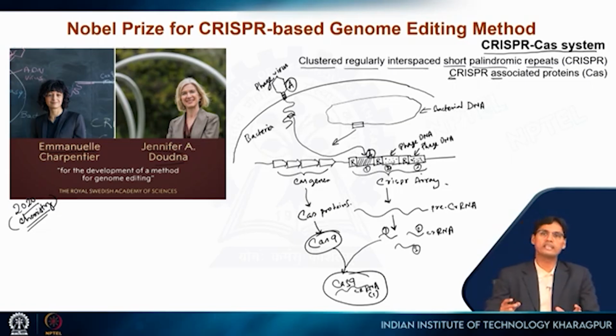And this was extensively characterized by Emmanuelle and also by Jennifer, who particularly made it more convenient. Instead of CRISPR RNA, they designed a guide RNA so that it is more programmable. It can be used in an easy way.